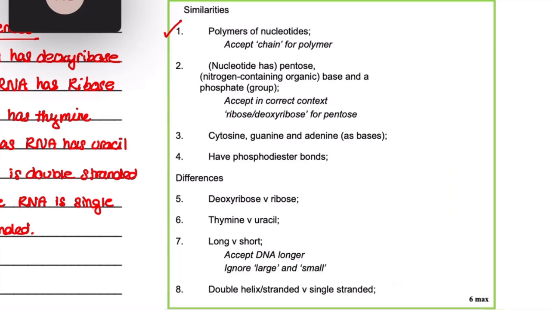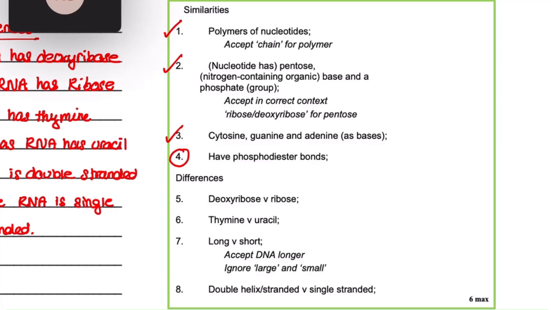The nucleotide has a pentose sugar, a nitrogenous base or nitrogen containing organic base, and a phosphate group, which we also stated. We know that they all have cytosine, guanine, and adenine as the nitrogenous bases, and we picked up on these 2 points.